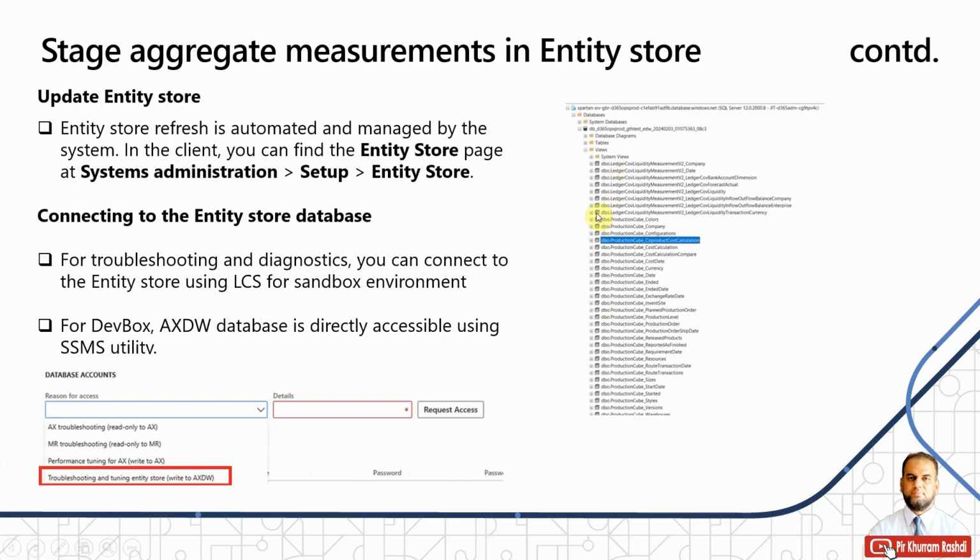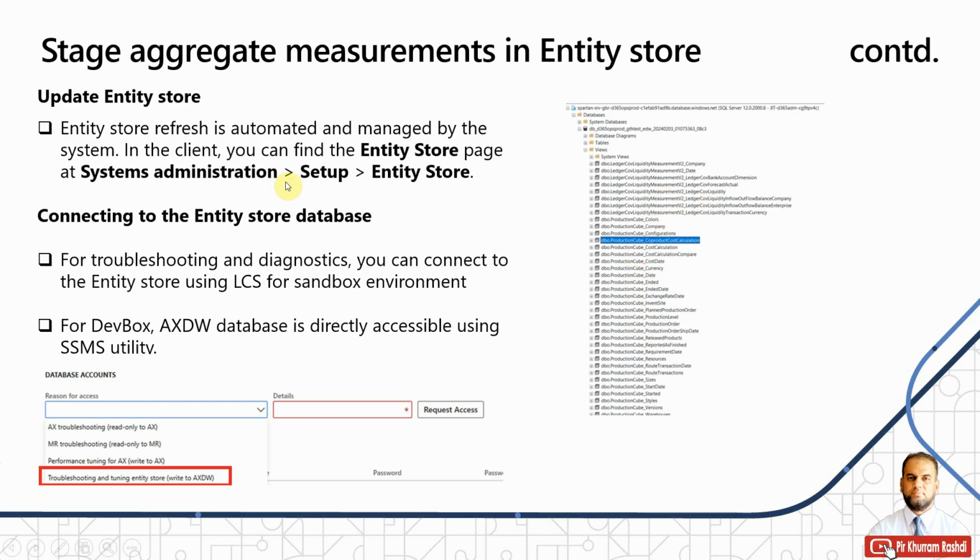In this screenshot we are seeing one of the Sandbox data warehouse or entity store accesses, and you can see different measurements available from which you can develop your Power BI reports. There is a production cube shown here, and there is a ledger liquidity measurement V2, which is for cash flow analytics, and there are many others available out of the box.